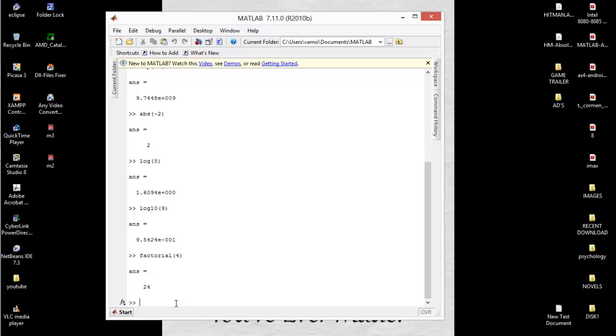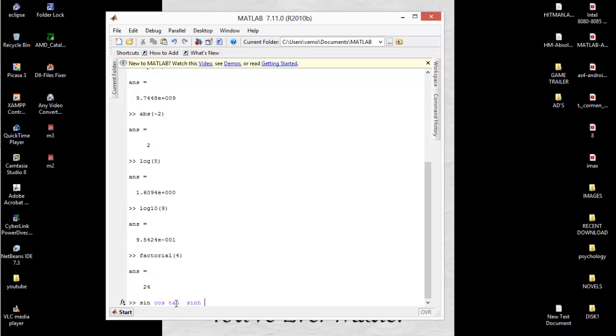If it is the factorial of 10, multiply all the numbers between 10 and 1: 10, 9, 8, 7, 6, 5, 4, 3, 2, 1. That is the factorial. There are other functions like sine, cos, tan, the normal trigonometric ones, and there are hyperbolic ones also, in a similar way: sinh of x, cosh of x. Inverse functions you can also use. All these functions are built in.